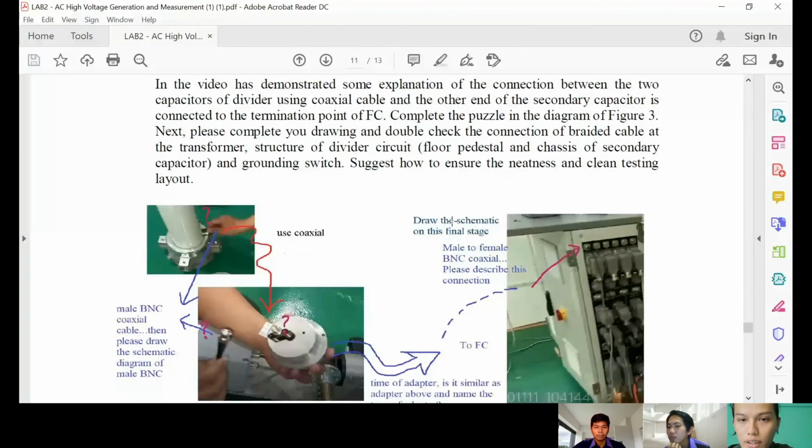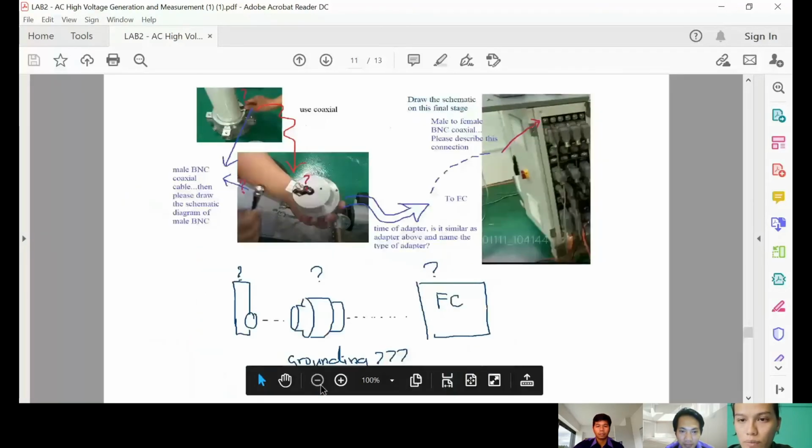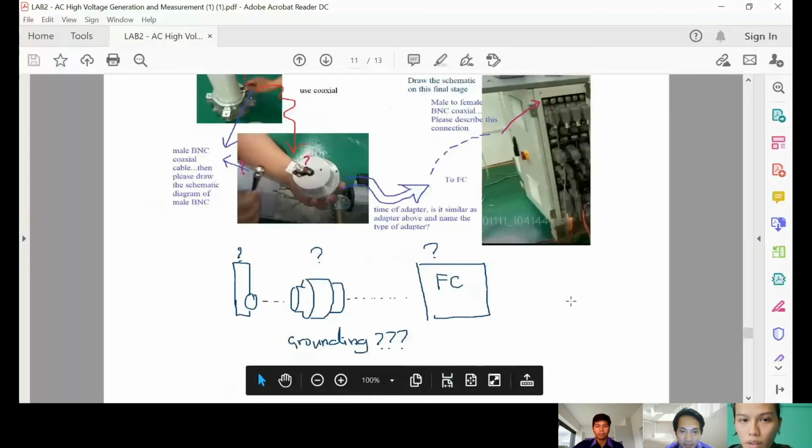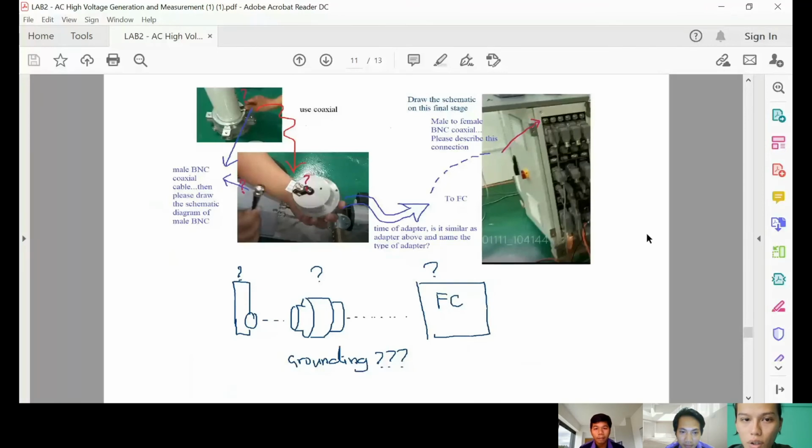So as you can see, we need to solve the puzzle that our lecturer asked. You can see the drawing below, which is from TNB.